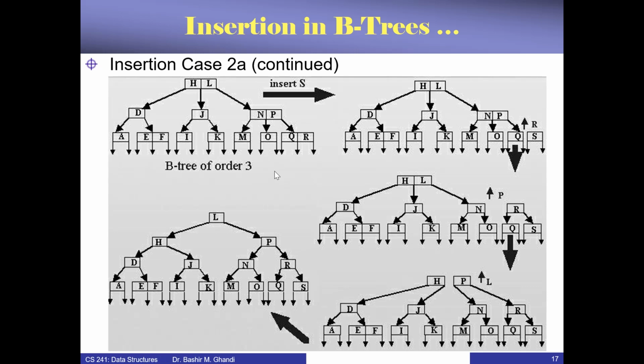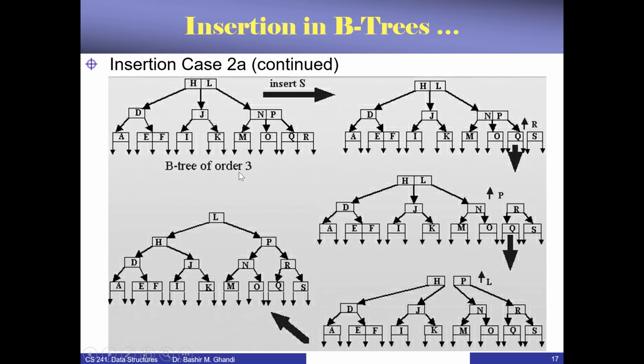So maximum 3 subtrees, minimum 2 subtrees, and maximum 2 keys and minimum 1. All right.